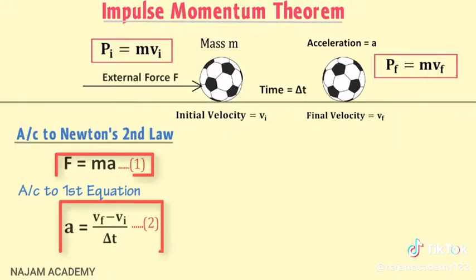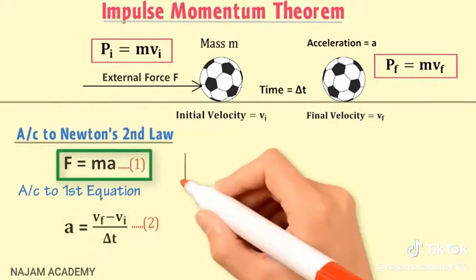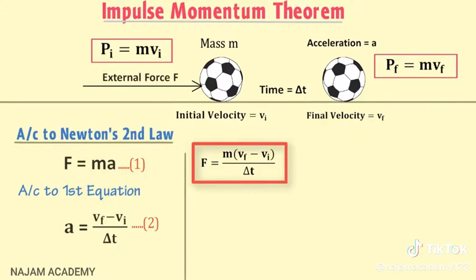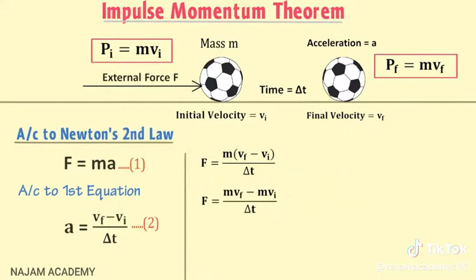Now look at equation number 1 and equation number 2. We are putting the value of acceleration a from equation number 2 into equation number 1. Thus we get F is equal to m into vf minus vi divided by change in time, or F is equal to mvf minus mvi divided by change in time.